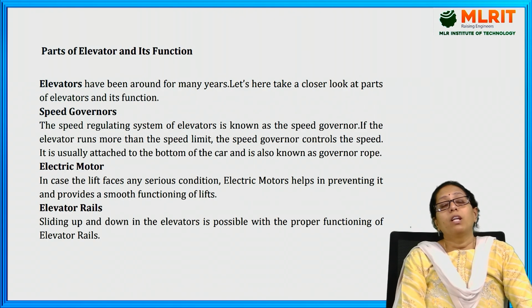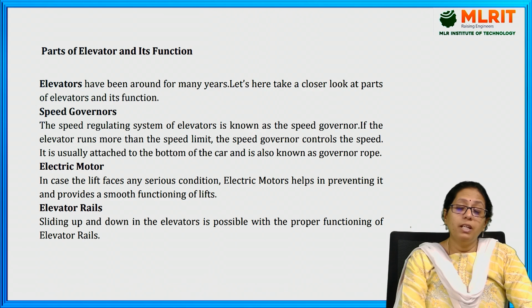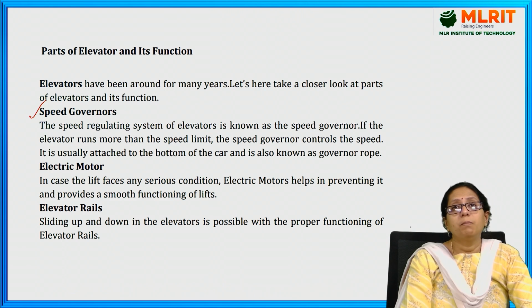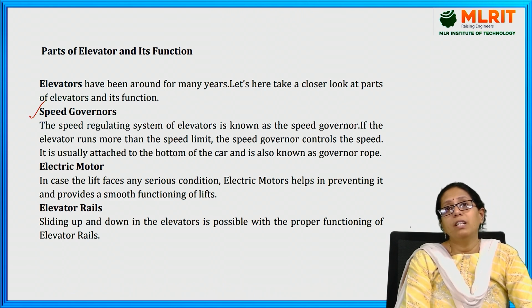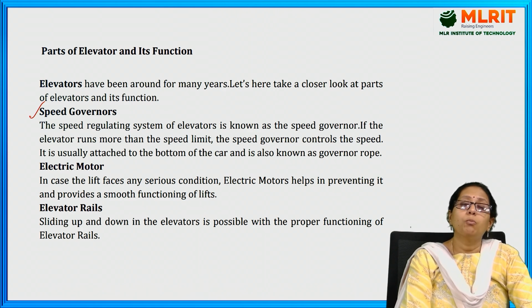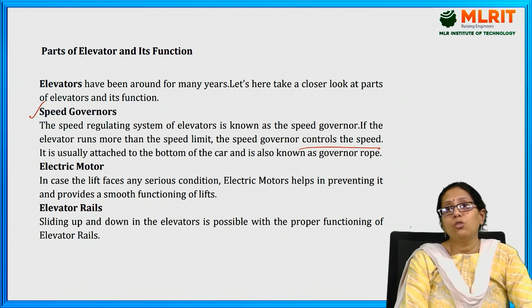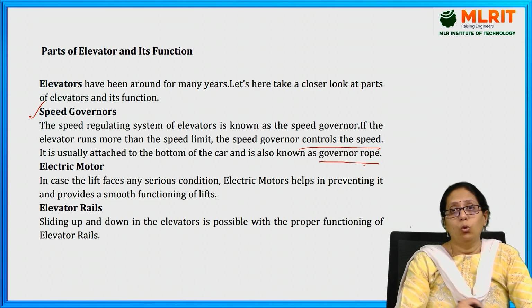So, what are the different parts which are being used in elevators for their function? First, the speed governor. The speed regulating system of the elevator is known as the speed governor. If the elevator runs over the speed limit, the speed governor controls the speed, and it is usually attached to the bottom of the car and is known as the governor rope.